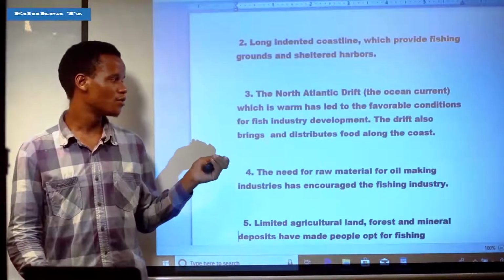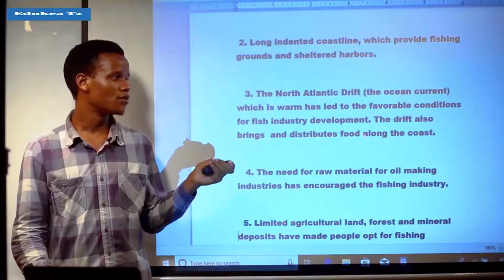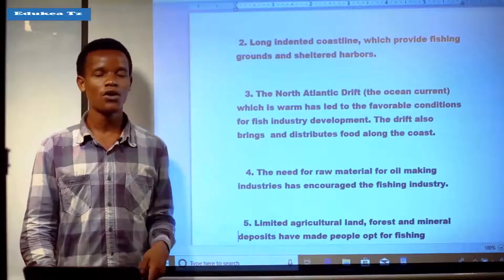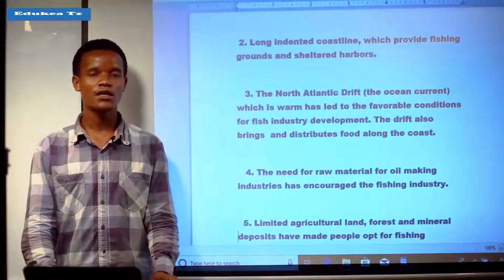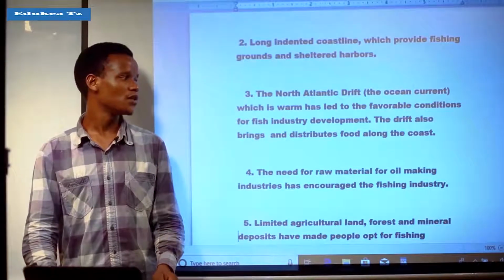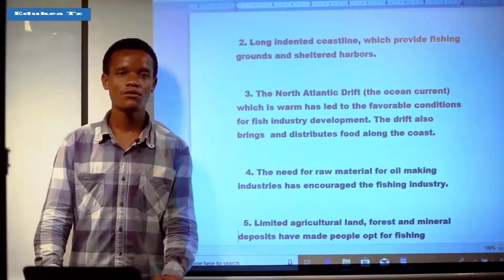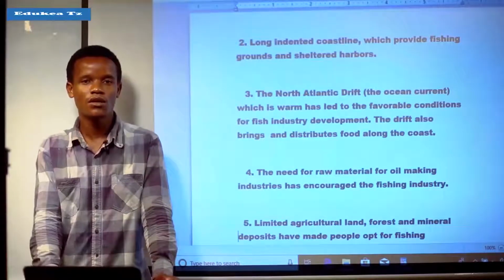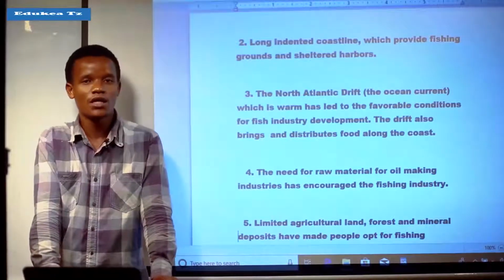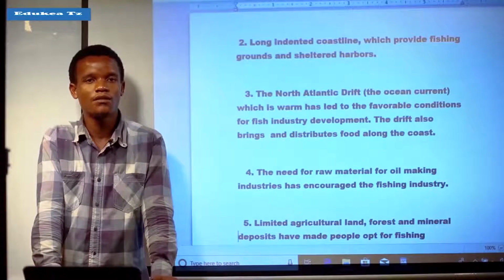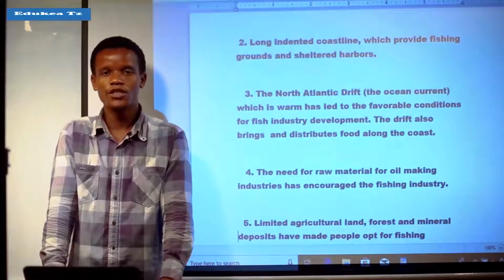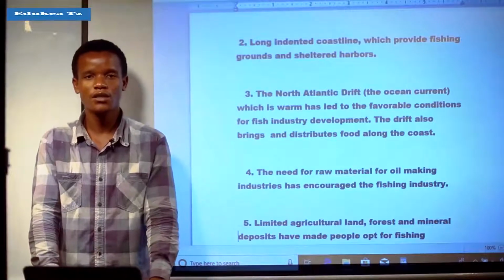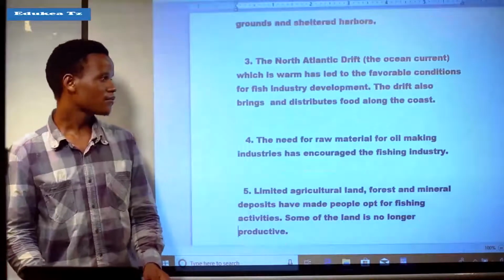The drift also brings and distributes food along the coast. So the North Atlantic drift played a great role in the development of the fishing industry in Norway.